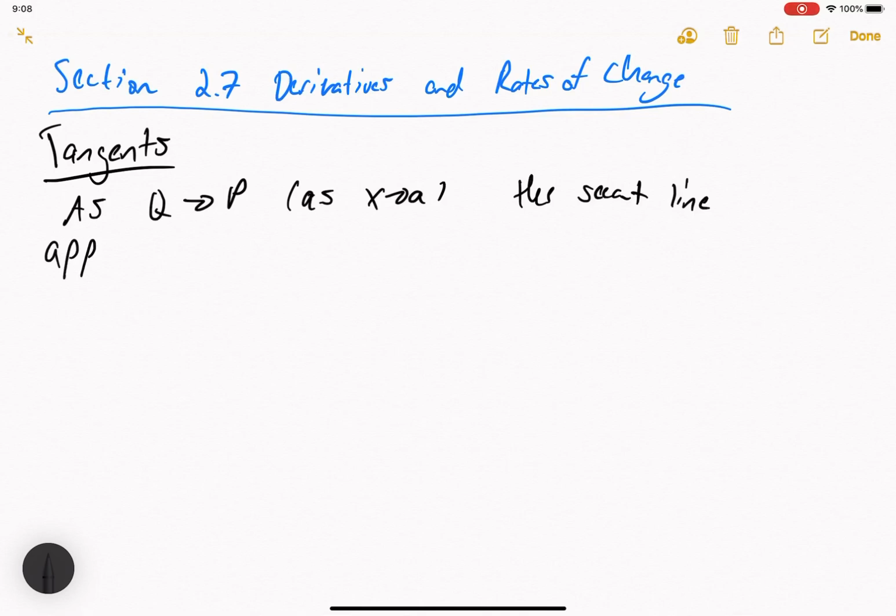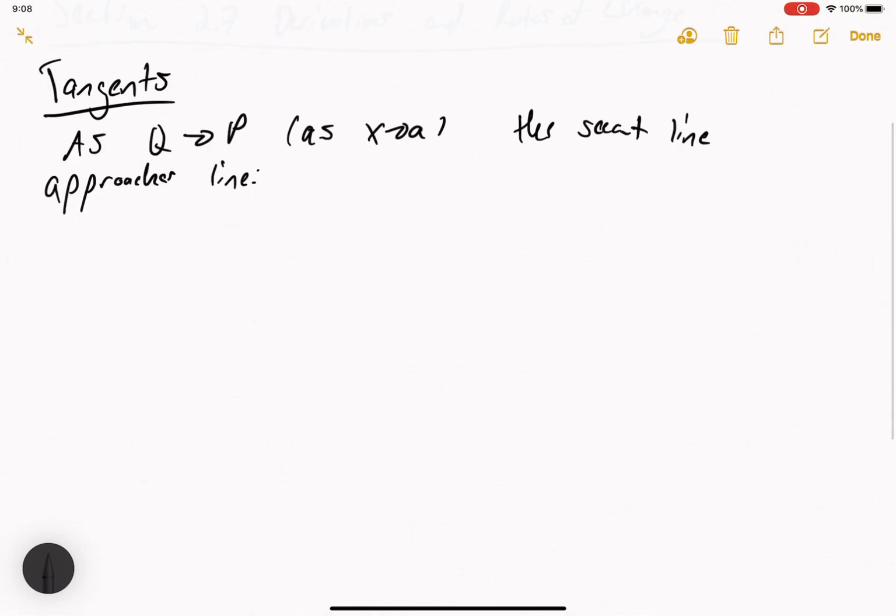And just to be clear what that looks like, what exactly is Q approaches P? Graphically, let's say we have point a right here, and we have an x here, another x, another x. Let's see if I can draw this.